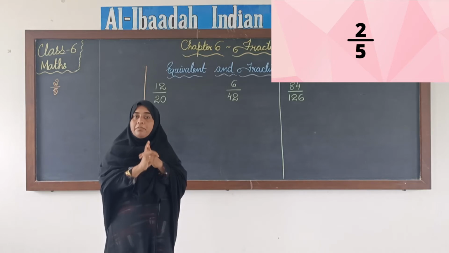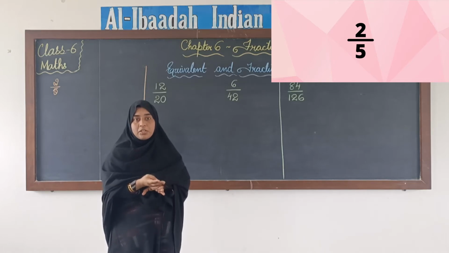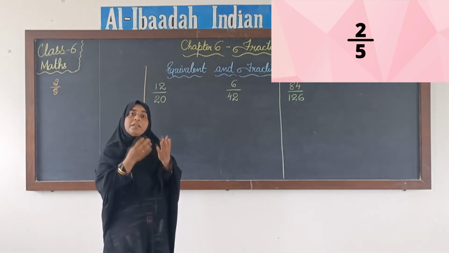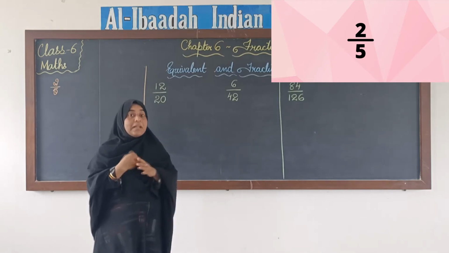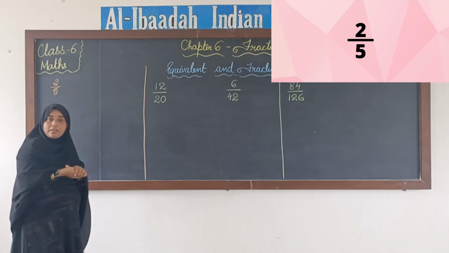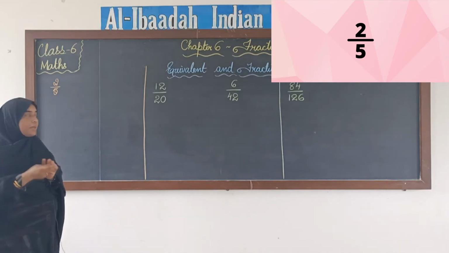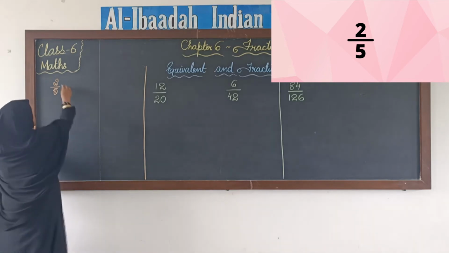Okay, then also you will get a new fraction. In a lower form means the values of numerator and denominator will become less. Now when we multiply the numerator and denominator with the same number, the values of the numerator and denominator increase, right? Let us do this and see.